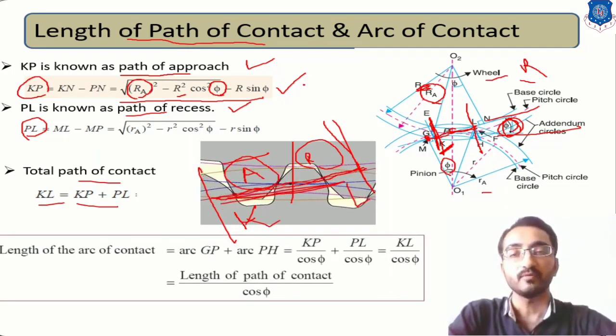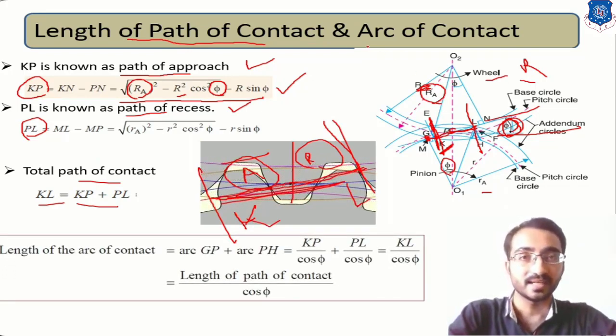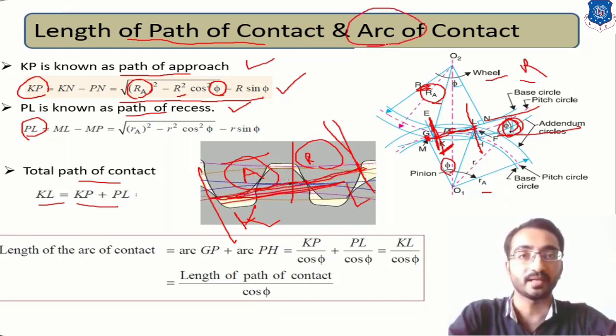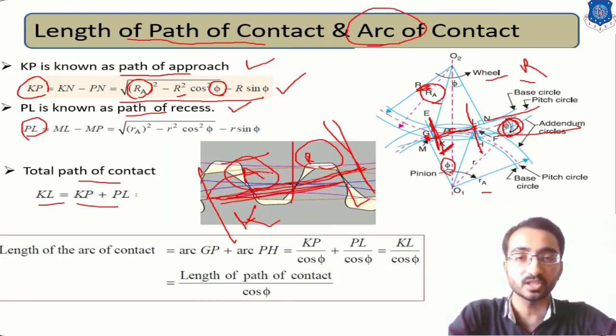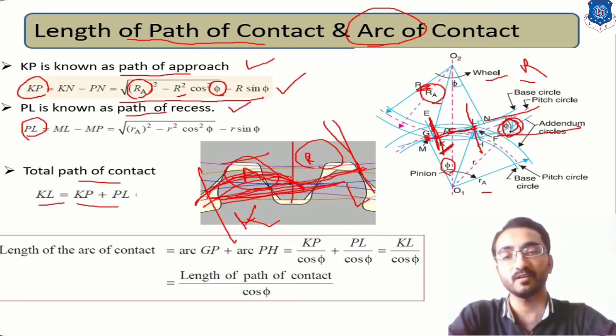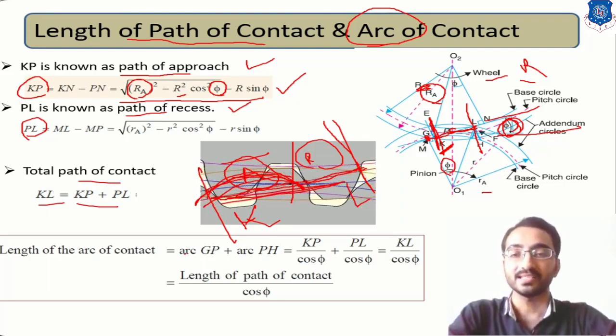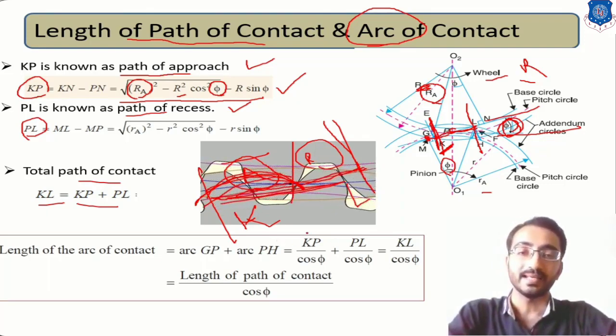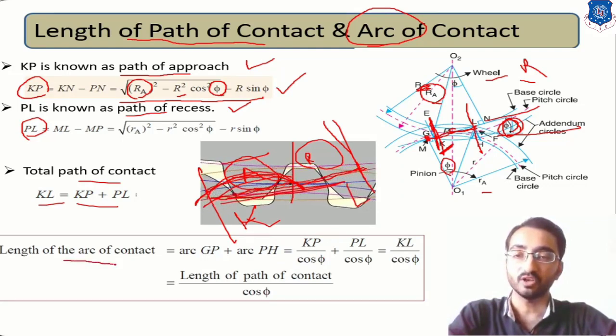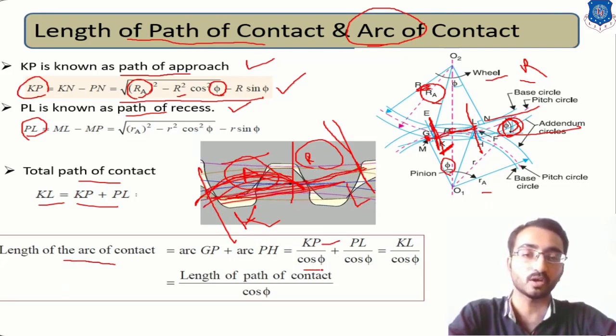From this formula we can derive another term, that is the length of arc of contact, that is, how much arc will be generated while in contact. This arc can be obtained by a simple formula: arc is equal to length upon cos of angle. So the length of arc of contact is equal to length of path of contact upon cos phi.